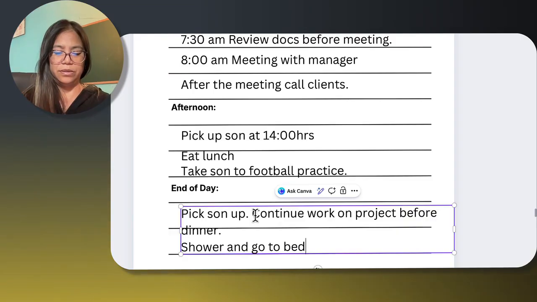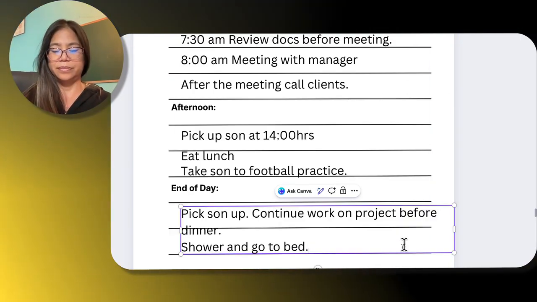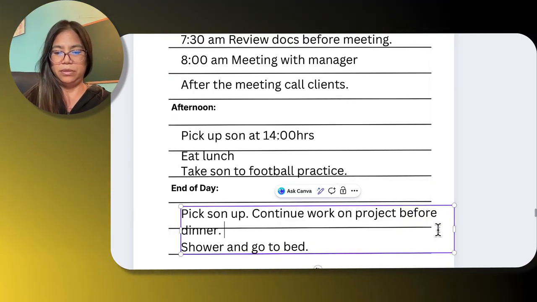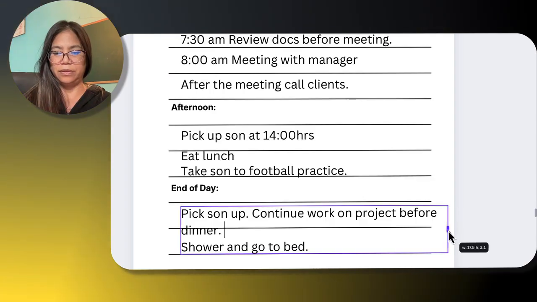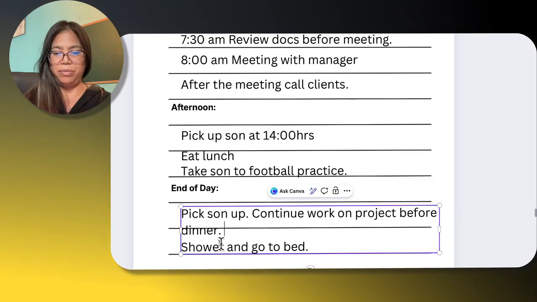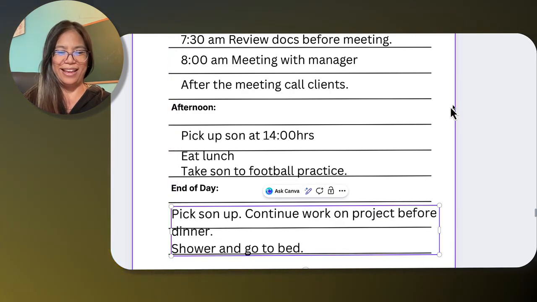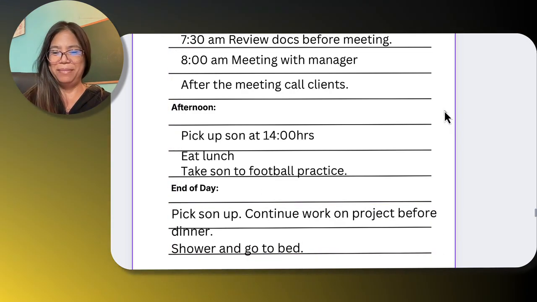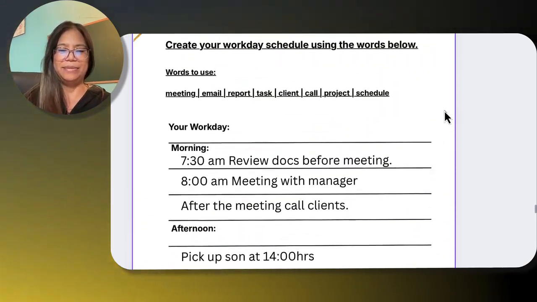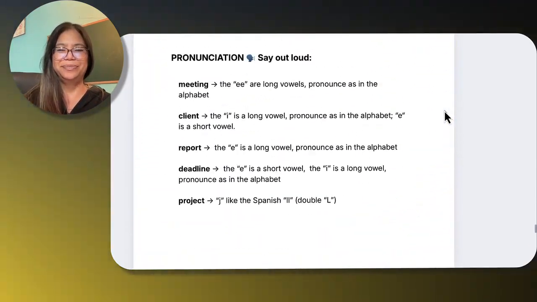Shower and go to bed. Lovely. Look at that. Does that seem a bit boring to you? ¿Os parece algo un poco aburrido esto? My life. Okay, well, that's fine. We'll just leave it like that.